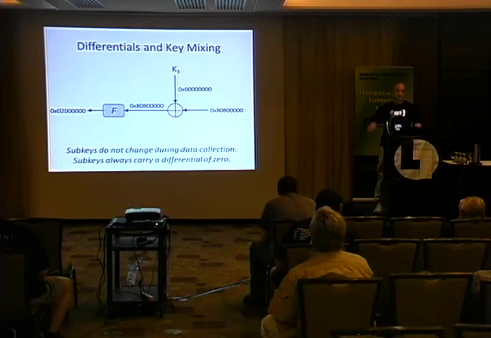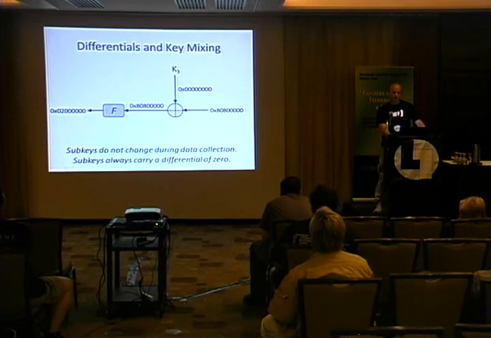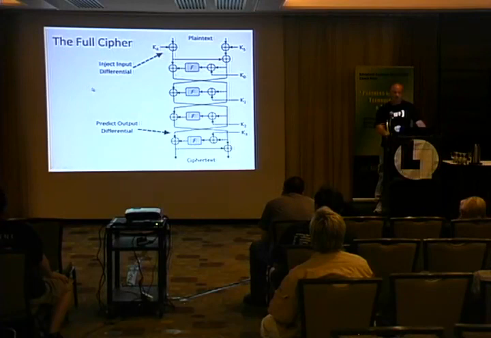And because the keys didn't change, the keys have an input differential of 0. So it goes into the XOR. The 80-80 XOR with 0 gives us 80-80. It goes to the F box, and it gives us the output differential of 2. That's the whole thing.